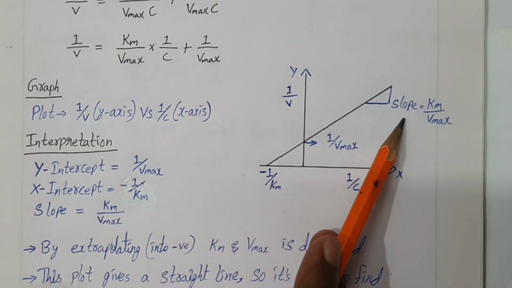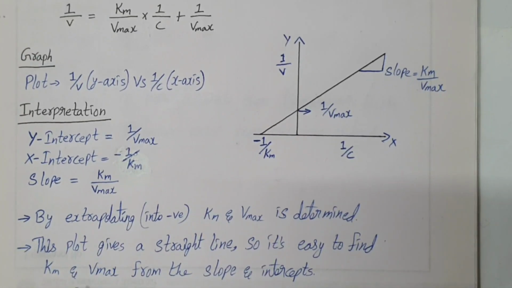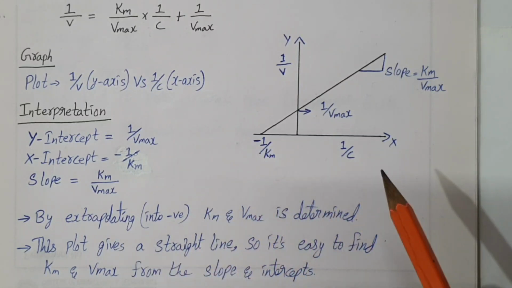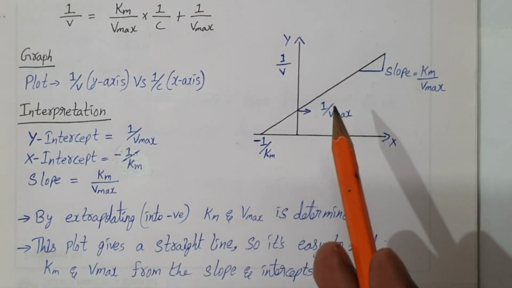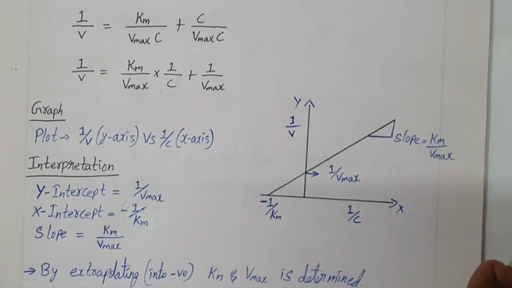Slope will be Km by Vmax. This plot gives a straight line, so it's easy to find Km and Vmax from the slope and intercepts. So this is all about the Lineweaver-Burk plot.